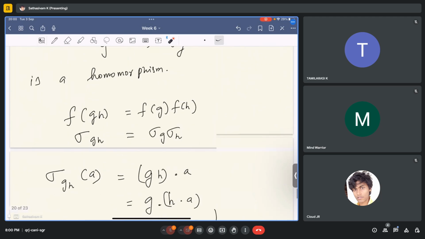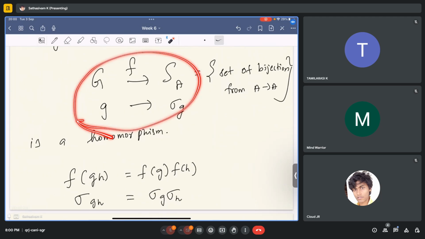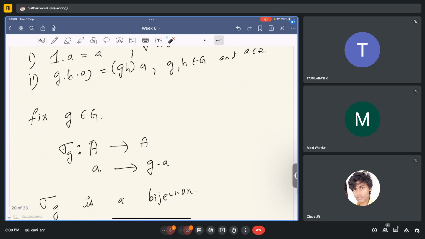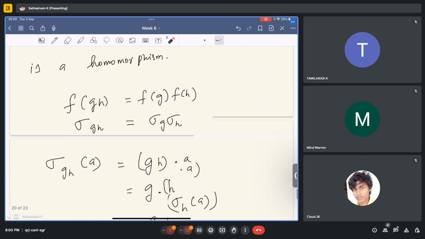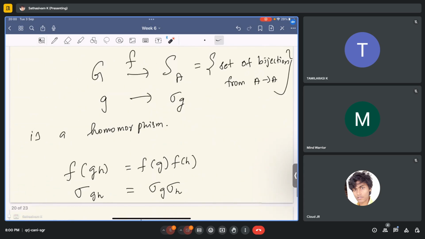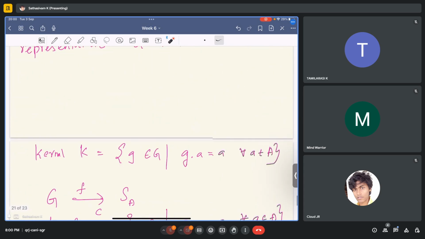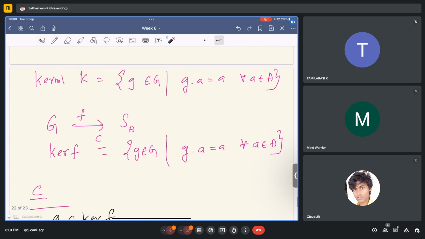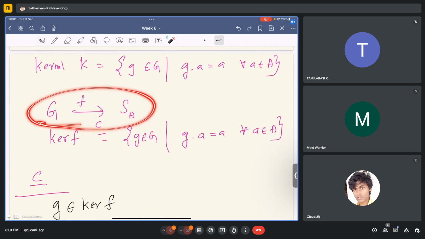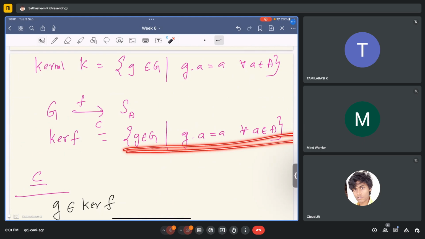So there is a kernel for this homomorphism. And what we have proved is that the kernel can be written as this particular map. So if you take conjugation, etc., this kernel became the center itself.